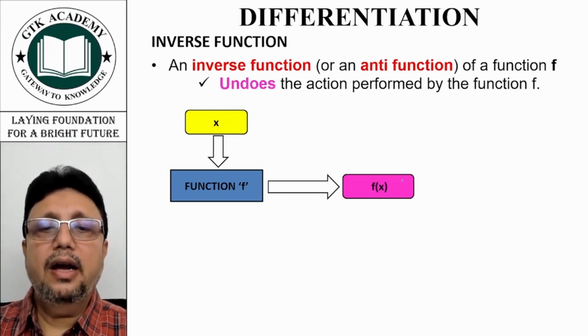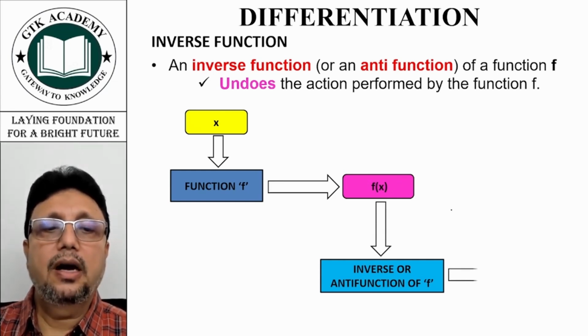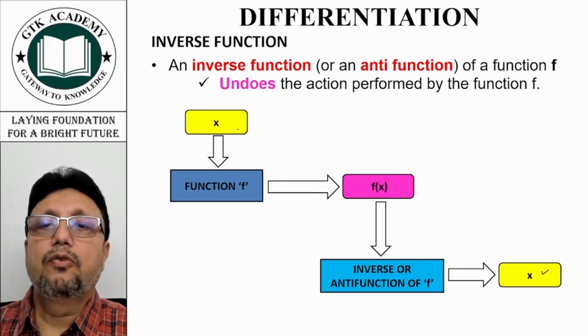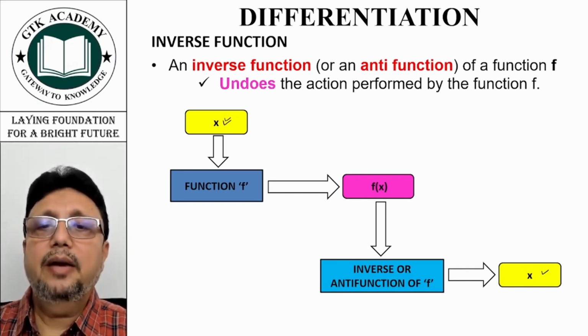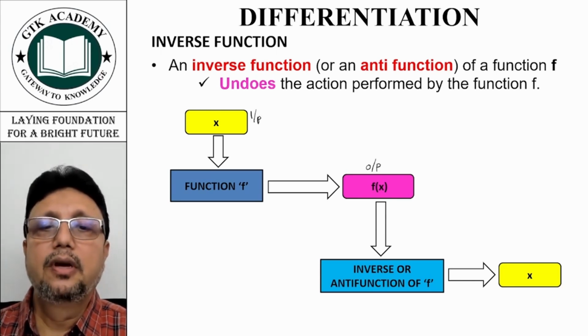Now, if we have an anti-function for this function, or inverse function, then if you put this output, it is going to give you the input of the function f. So that means this is the input and this is the output for function f.